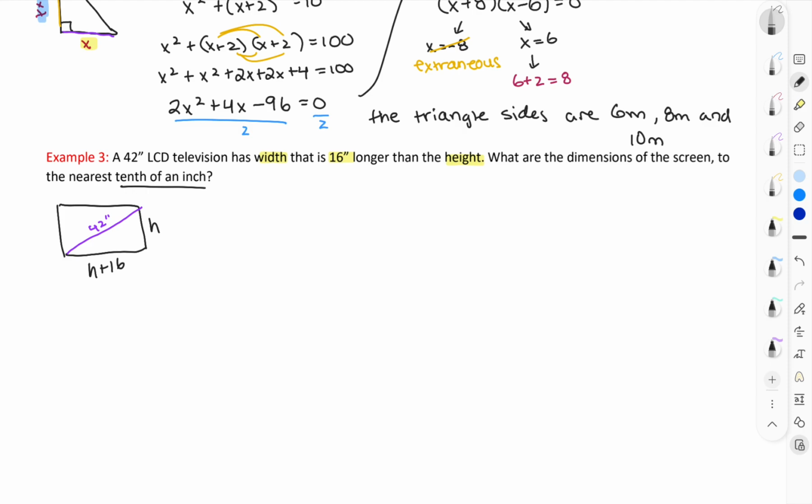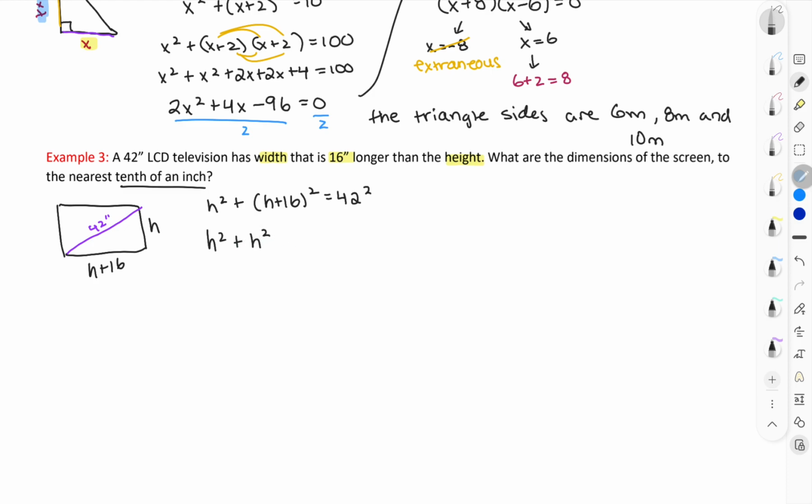I have another Pythagorean theorem situation. So h squared plus h plus 16 squared is going to be 42 squared. Right? Because those are the two side lengths, squared, equal to the hypotenuse squared. I need to expand this out.